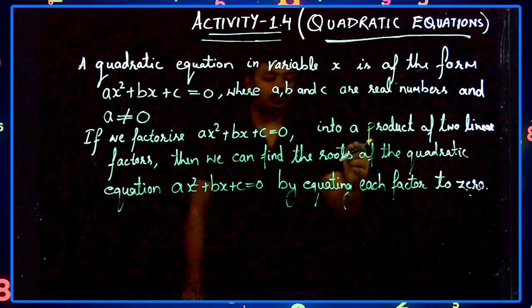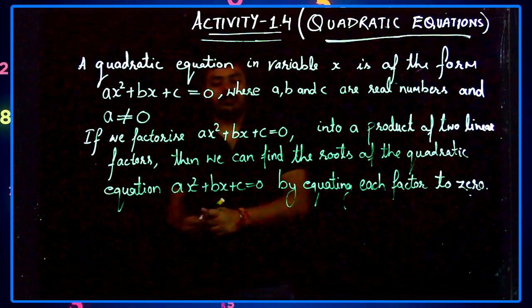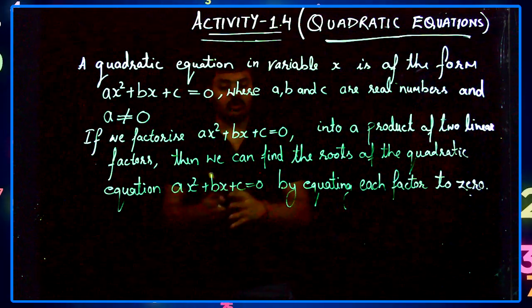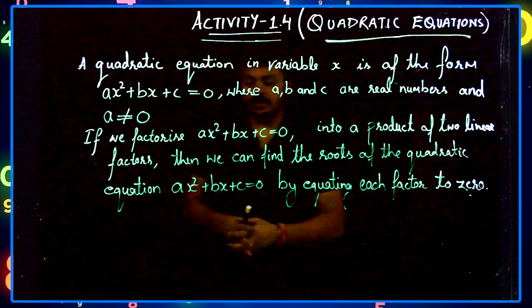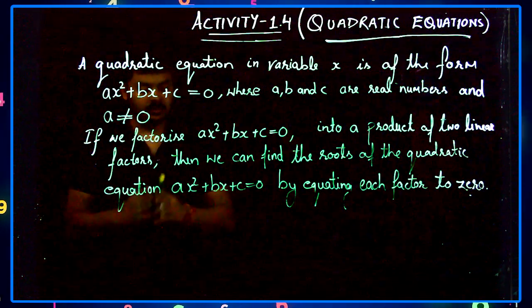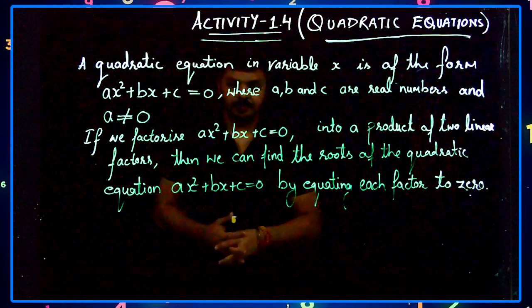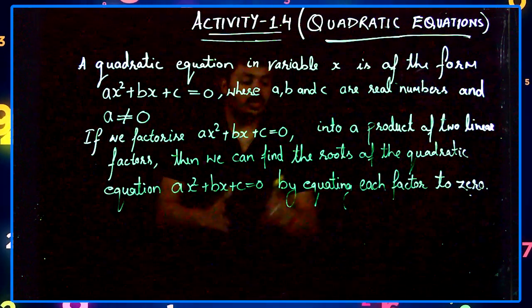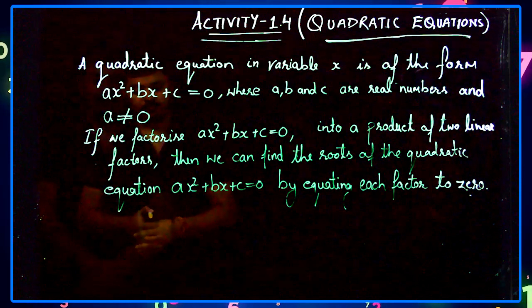That is, the quadratic equation can be expressed as the product of two linear factors, and both the linear factors can be put equal to 0, and thus we can find the roots for the quadratic equation.